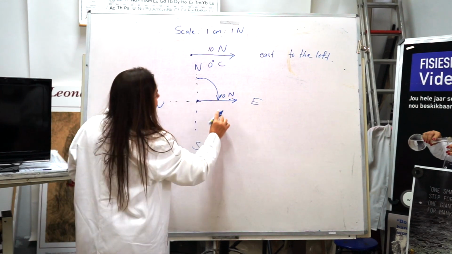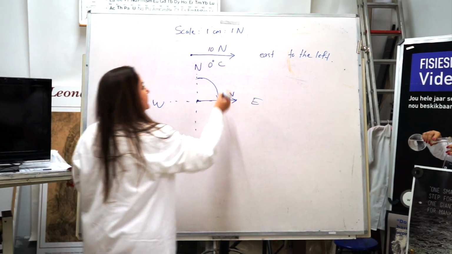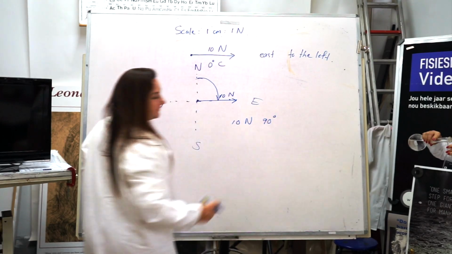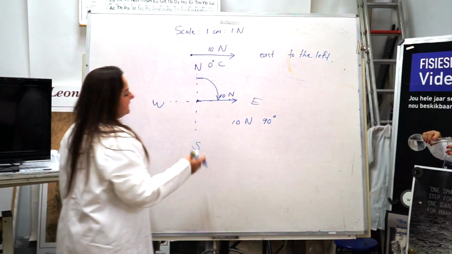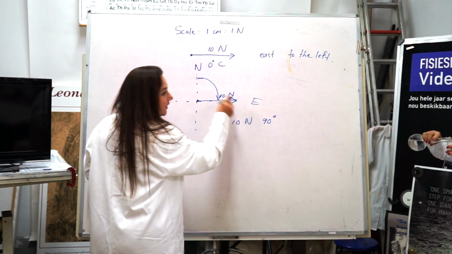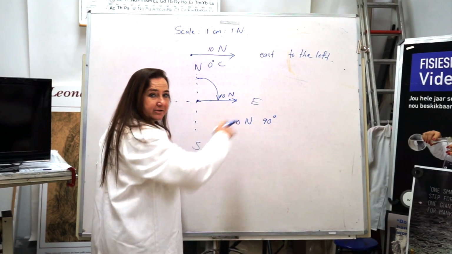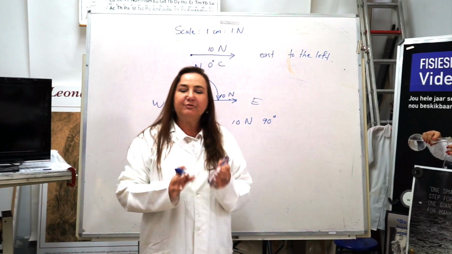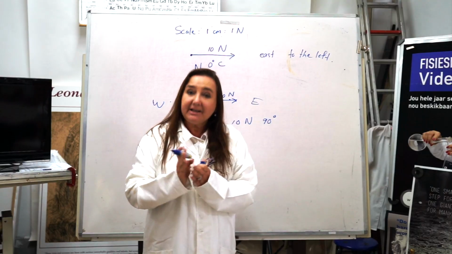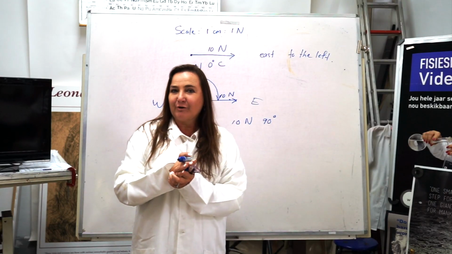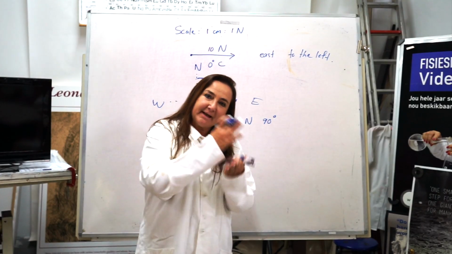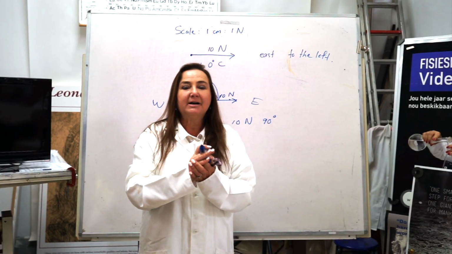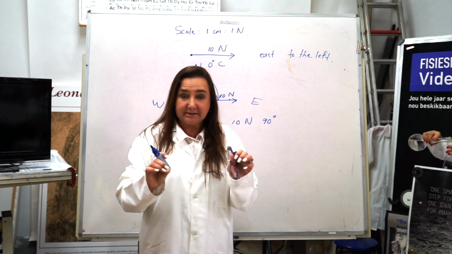So that is also 10 newton at 90 degrees, or 10 newton on the x plane in the positive direction. As long as you always give a direction, otherwise you're not going to get a mark for your answer. So it's always magnitude, unit, direction when we draw a vector.